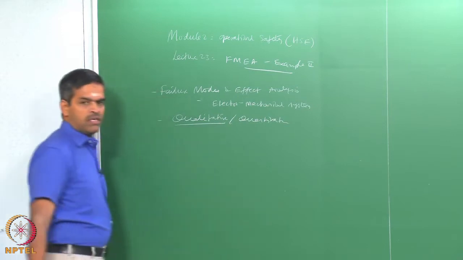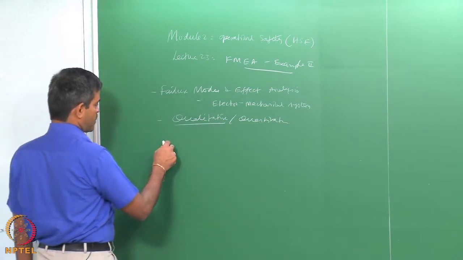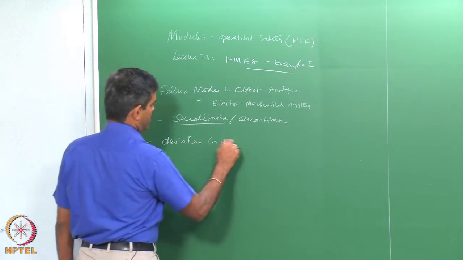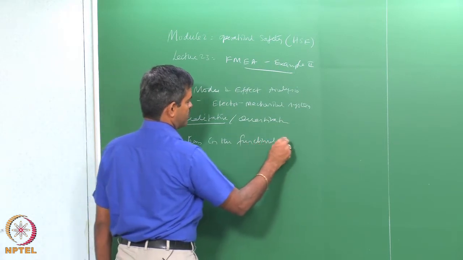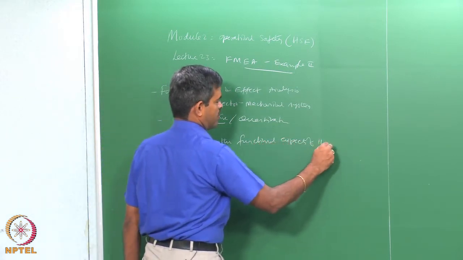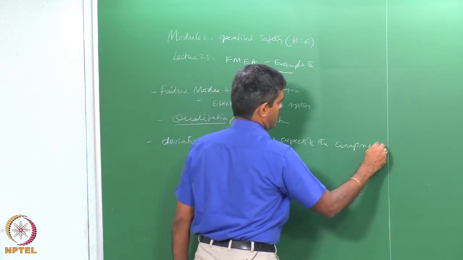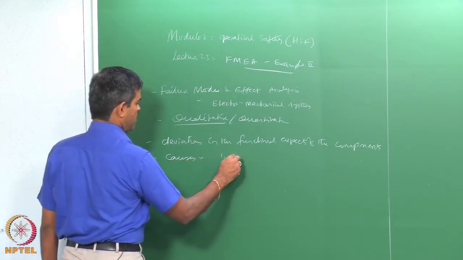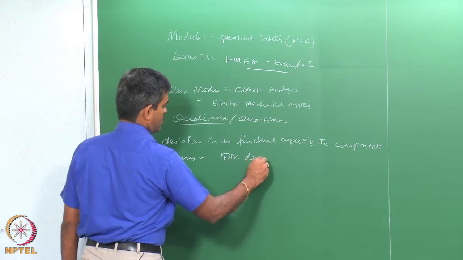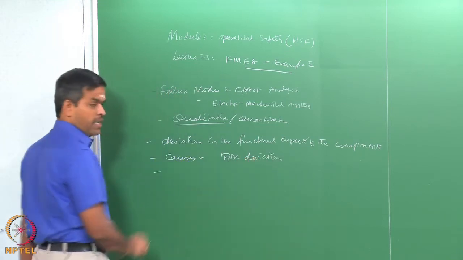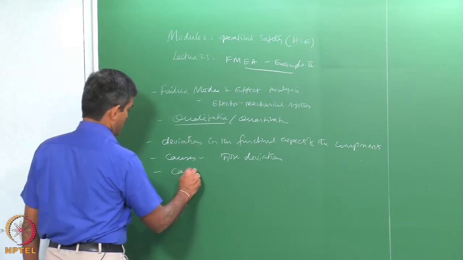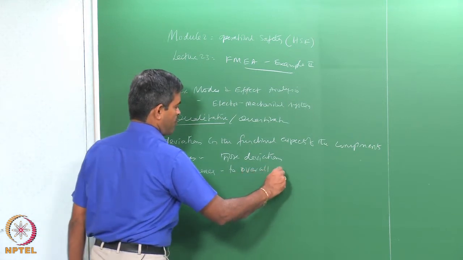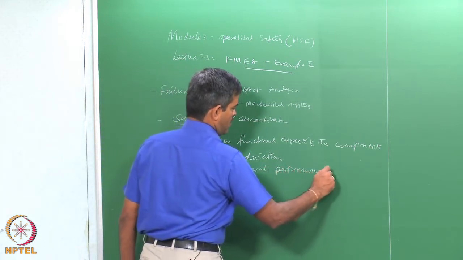The qualitative part is identifying the basic deviations in the functional aspects of the component, and identifying the causes for those deviations, and then relating these consequences to the overall efficiency or overall performance of the system.